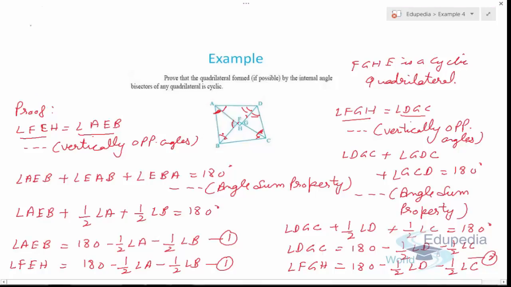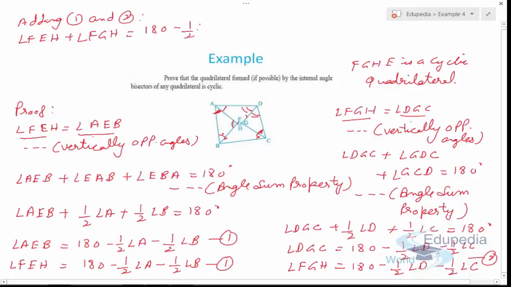Now adding 1 and 2, what do we get? Angle FEH plus angle FGH equals 180 minus half of angle A minus half of angle B plus 180 minus half of angle D minus half of angle C. Now 180 plus 180 is 360 minus, if we take half common, angle A plus angle B plus angle C plus angle D, right?